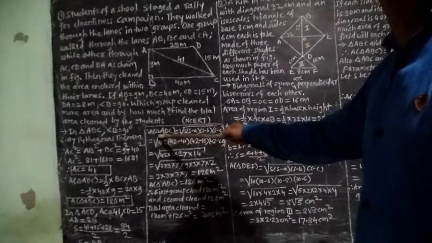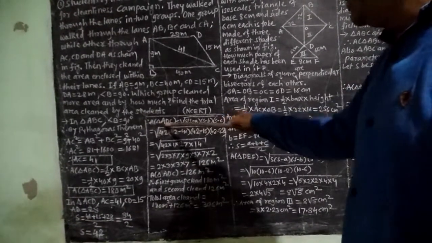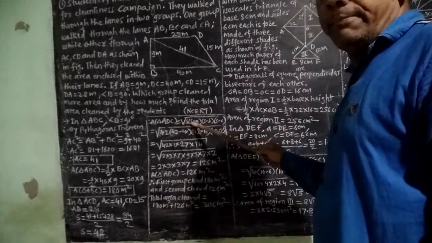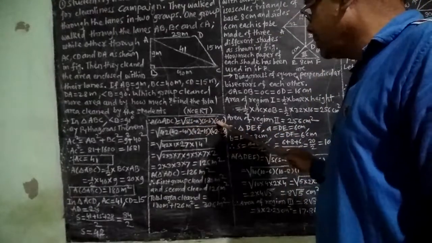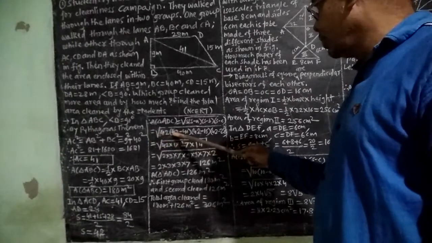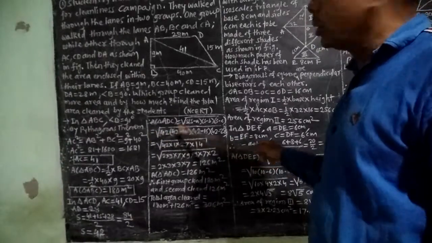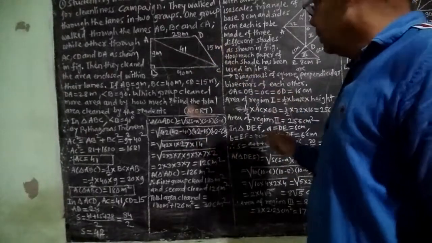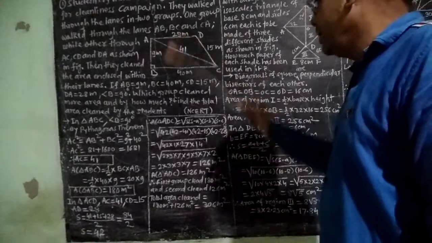And now we can find the area of triangle ADC by Hero's formula, that is under root S into S minus A, S minus B, S minus C, that is equal to under root 42 into 42 minus 41, because A is 41 here, then 42 minus 15, then 42 minus 28.